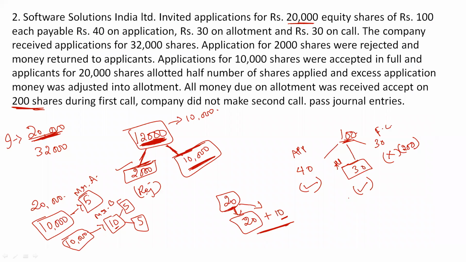Now we have the allotment process. Actually here there are no calls in arrears, right? So the company is asking to pay allotment money. First we'll do the due entry here. The company is asking to pay share allotment money. So to share allotment account debit, for 20,000 shares.